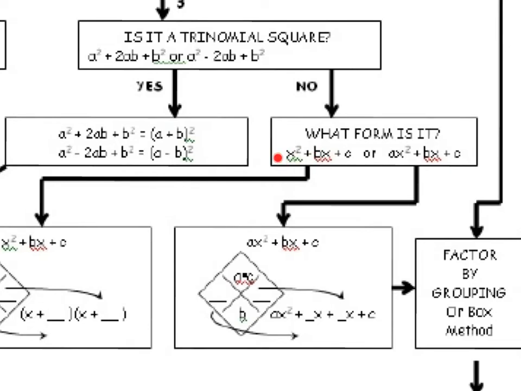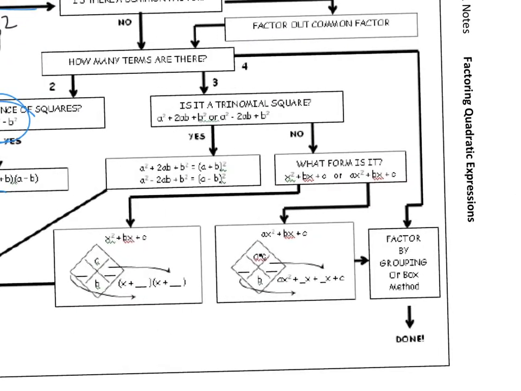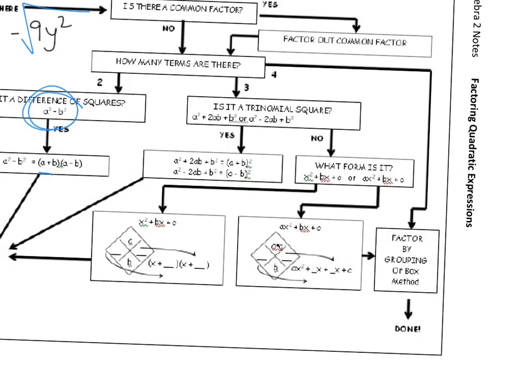If there's not a number out front of x squared, can you find factors of c that add up to b? Or if the number in front of x squared is a, can you do it by the grouping method? Do factors of a times c that add up to b, and factor by grouping. And if it has 4 terms, we're going to factor by grouping. But none of the next examples have 4 terms.